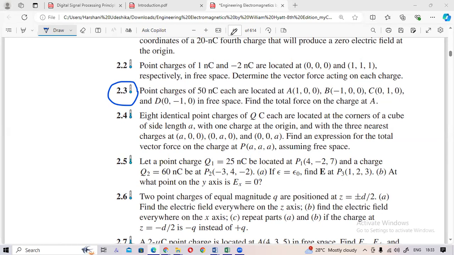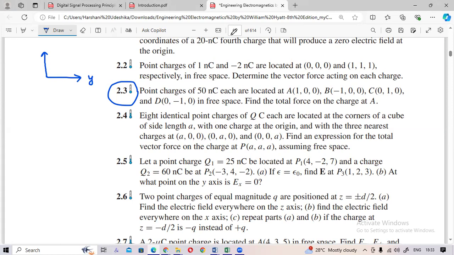So here we are given three locations A, B, C, given in Cartesian or rectangular coordinates. In rectangular coordinates we have the x-axis, y-axis and z-axis.